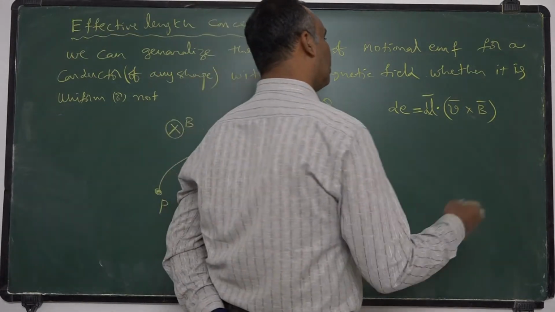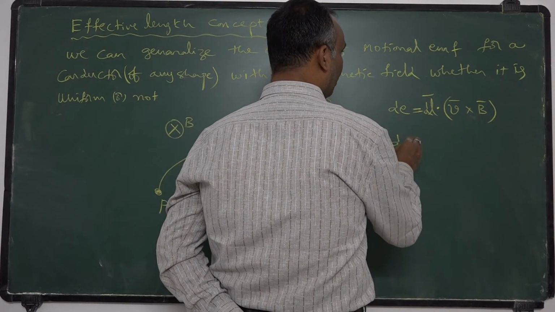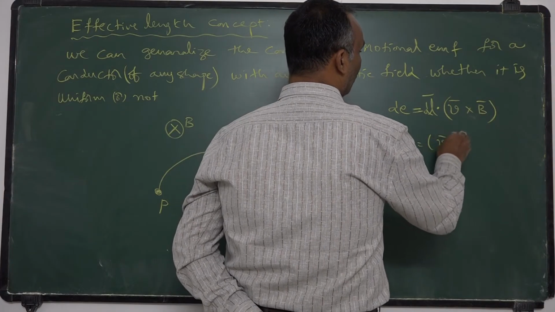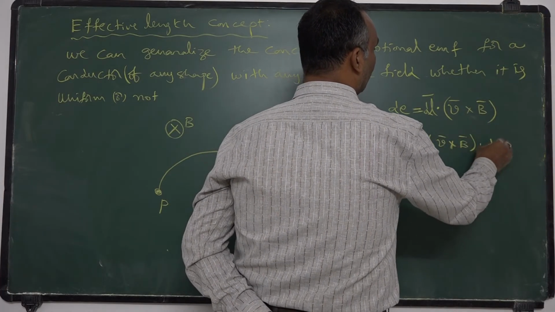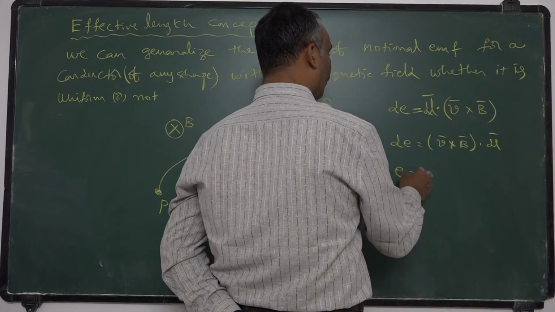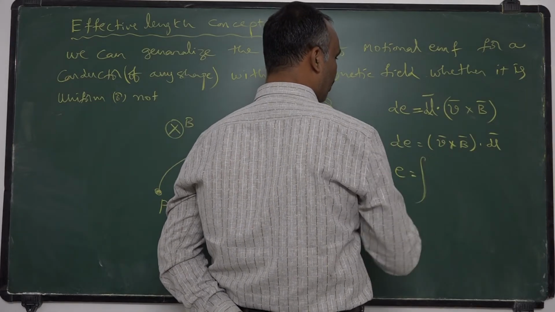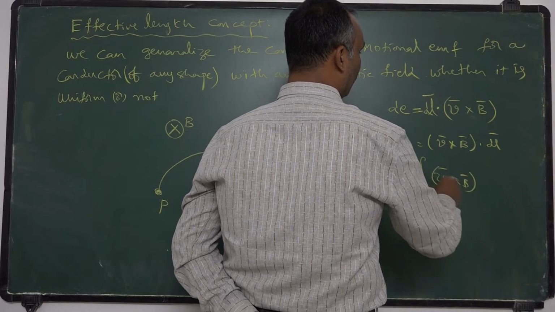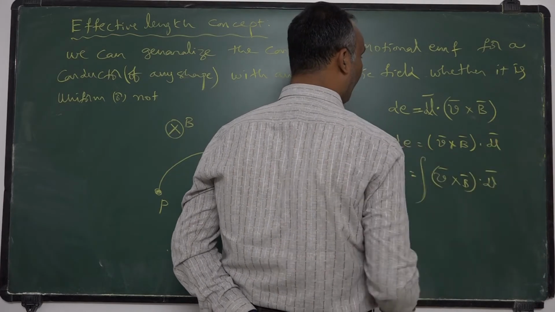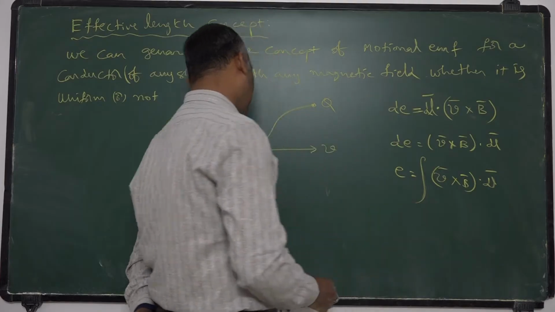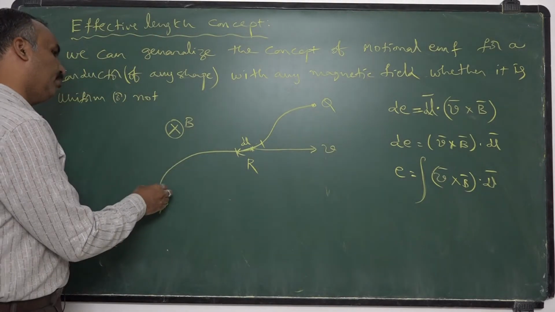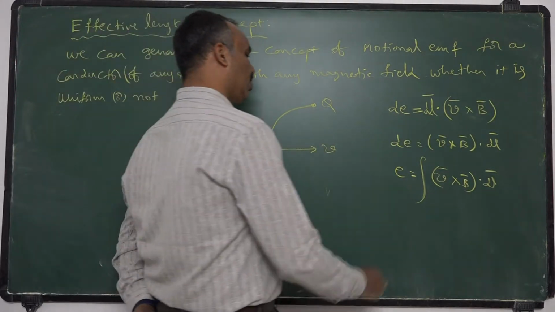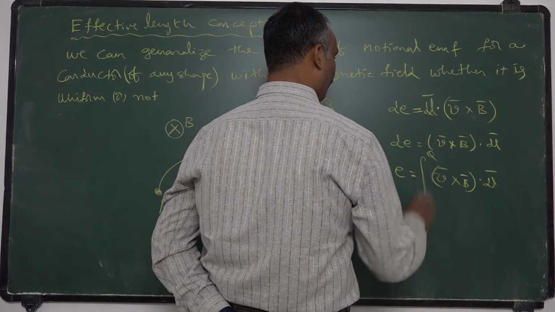A bar dot B bar is equal to B bar dot A bar. So dE is equal to V bar cross B bar dot dl bar. Whenever you require the EMF developed, you should integrate V bar cross B bar dot dl bar, taking the length of the element from P to Q.